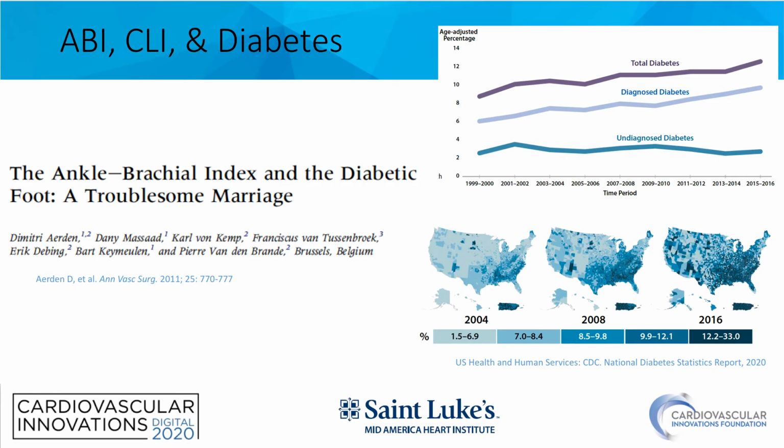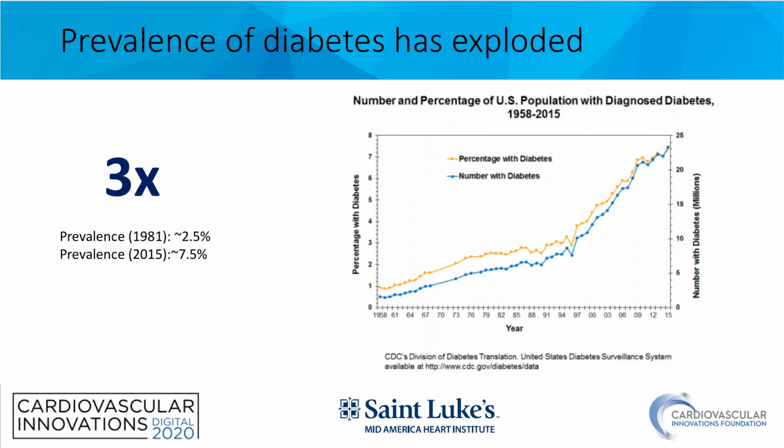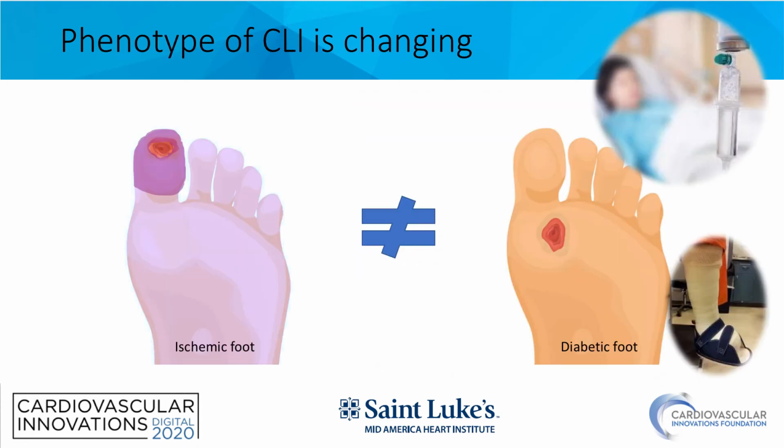Therefore, there is a troubled marriage between ABI and the diabetic foot, and this requires us to think about how we define this condition, particularly as the rate of diabetes has really skyrocketed in our population in recent years. In fact, looking back at the time since critical limb ischemia was originally defined in 1981, the prevalence of diabetes in our population has exploded and is now up 3 times.